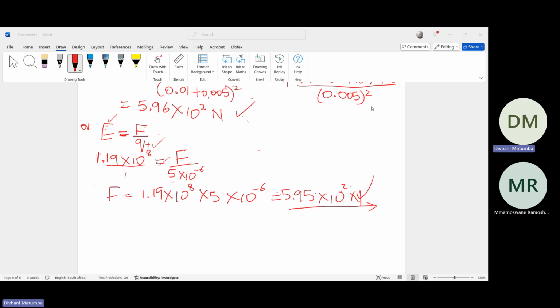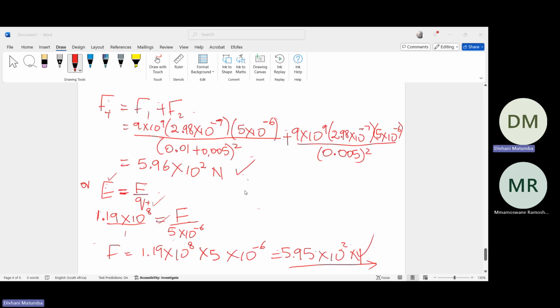It is electricity created by charges at rest. Statics means stationary or at rest. Okay.